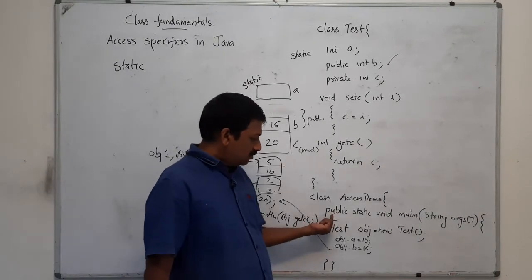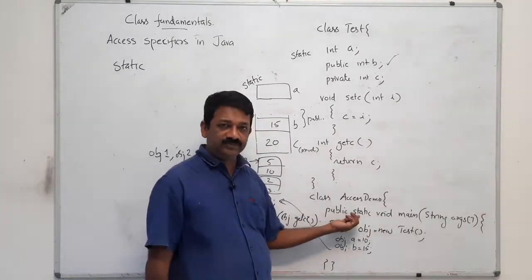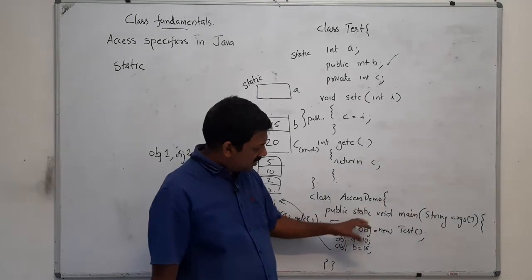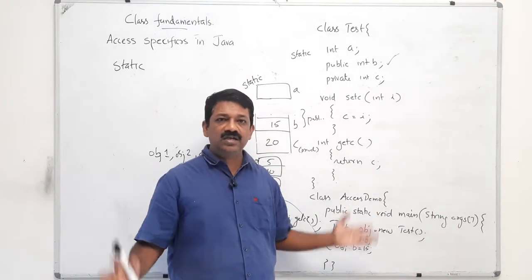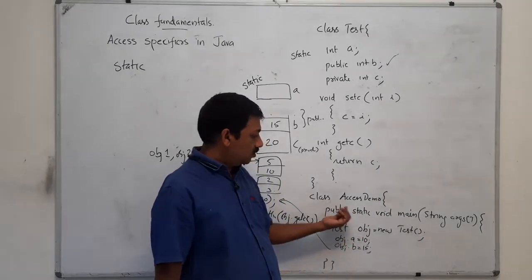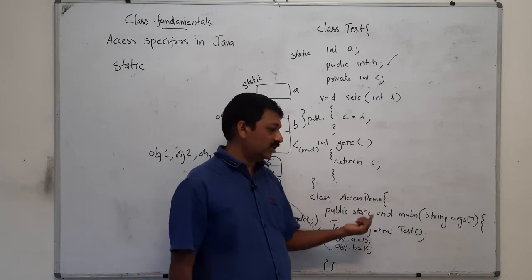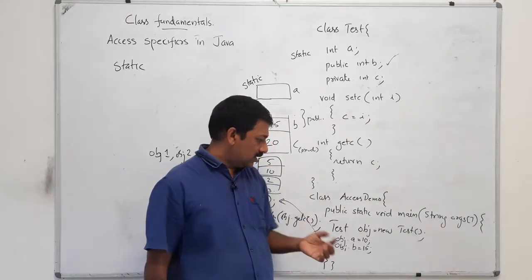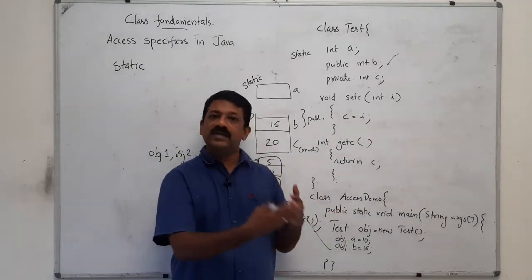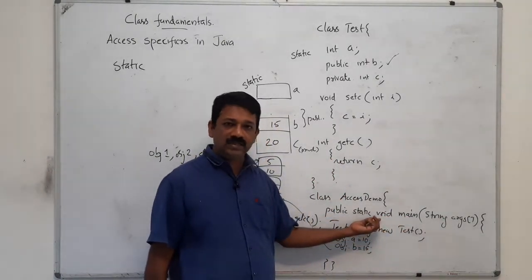And here, public static void main means that as this is made static, this method is shared among all the instances created from access demo. That's why we have made it static. That means only one function is there. As it is made public, it is accessible to everybody, and main is returning nothing.